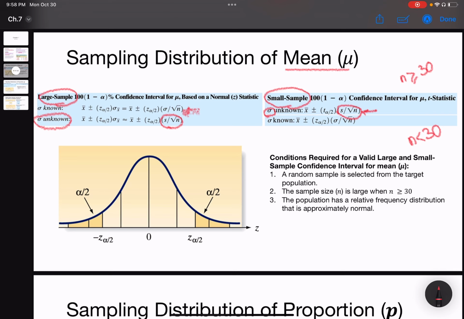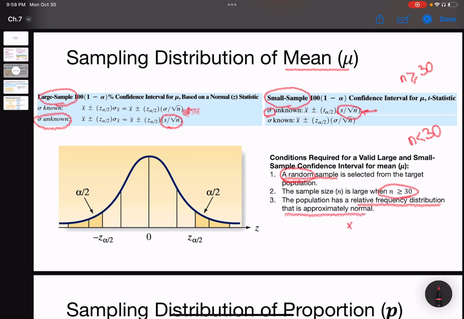When the sampling is totally random, or a random sample is selected from the target population. For a large sample, as I mentioned, we consider n bigger than 30, and for small sample sizes, the population has a relative frequency distribution that is approximately normal.